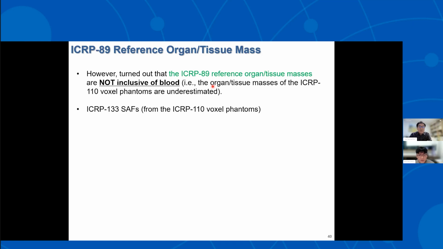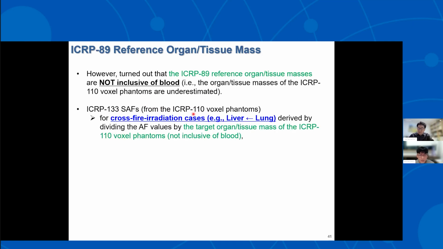Actually, this issue made the ICRP adult specific absorbed fraction calculation a bit complicated. For example, for crossfire irradiation cases, like lung to liver, the SAF values were calculated by using the voxel phantom organ mass as a target mass, which is not inclusive of the blood.